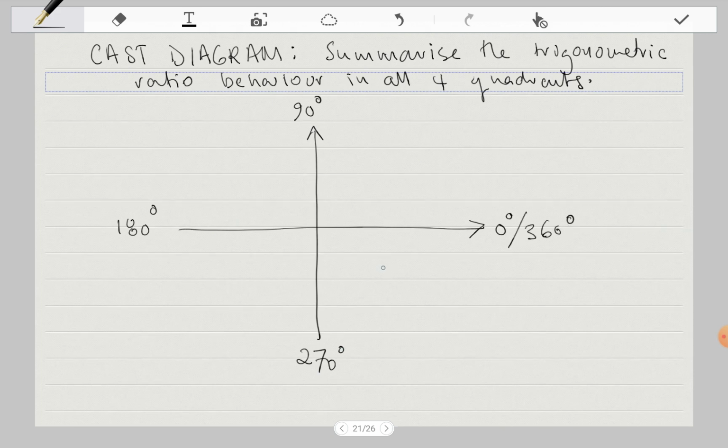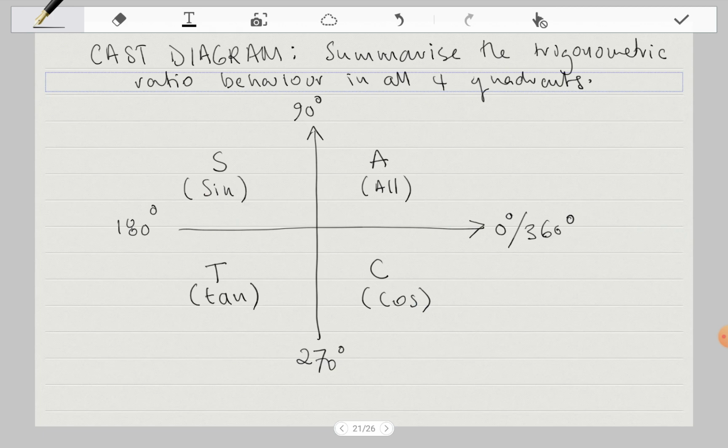If we start off here and say this quadrant 4 is C, this quadrant here is A, this quadrant here is S, and the third quadrant is T. The A stands for all, the C stands for cos, the S stands for sine, the T stands for tan.